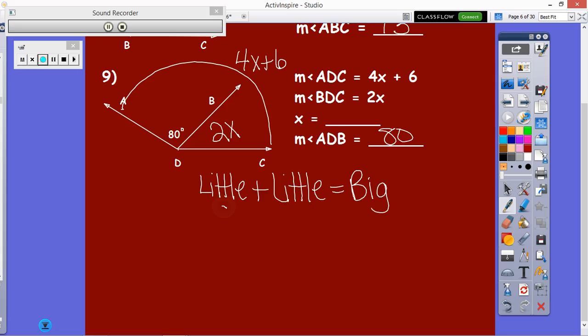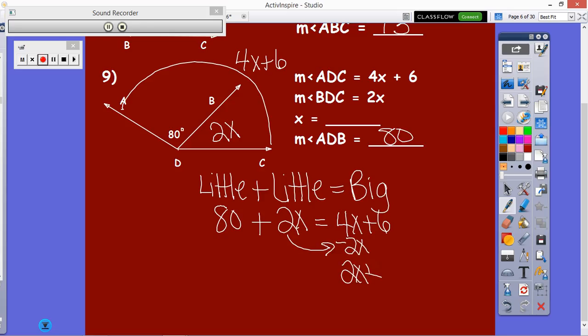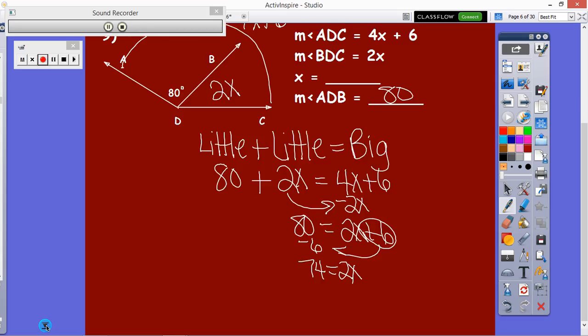We know that 80 plus 2x will equal 4x plus 6. So from there, I am able to solve by moving my 2x over and getting my 80 equals 2x plus 6, and then moving the 6 over to subtract, and 2x is equal to 74. From there, I can go ahead and divide.